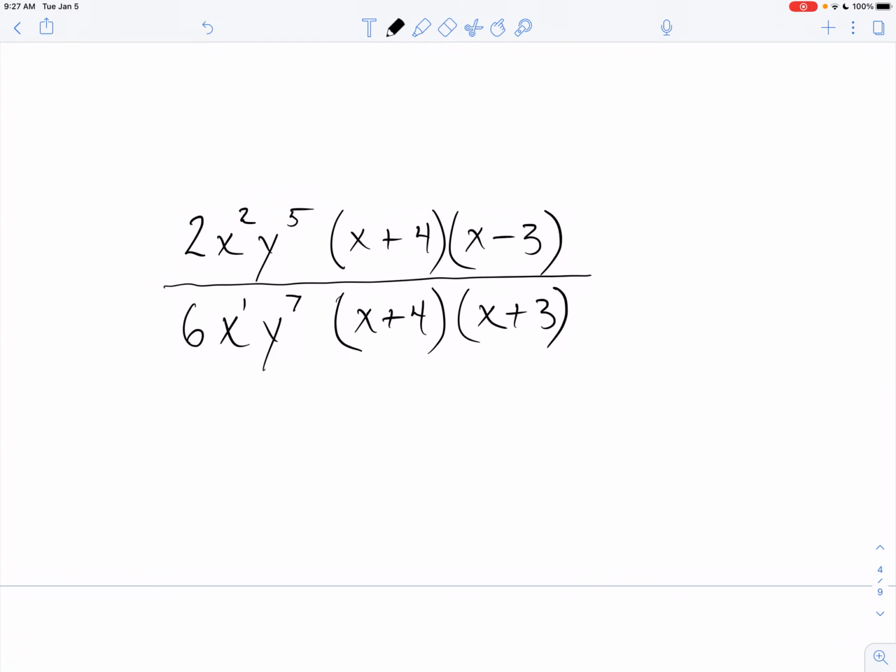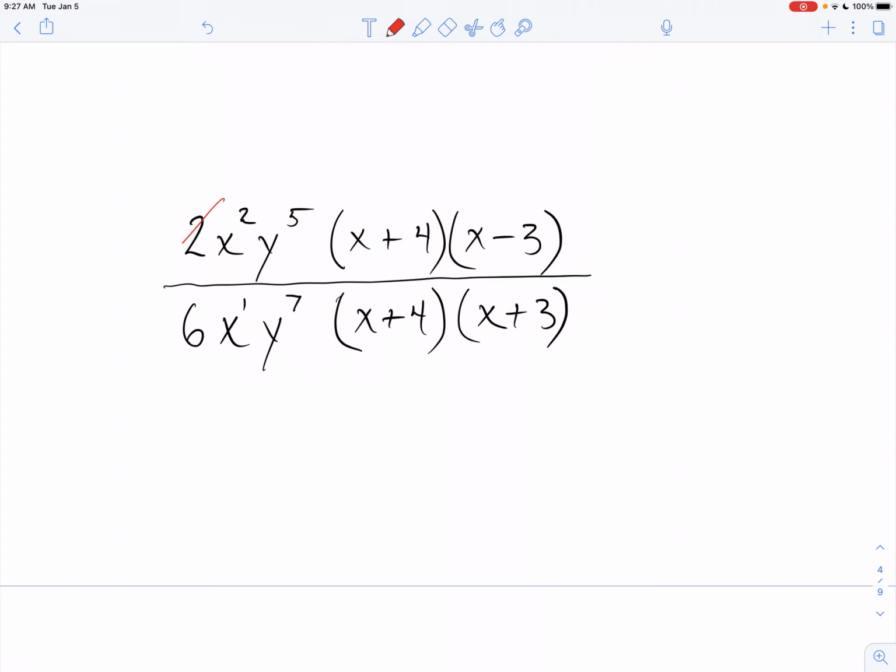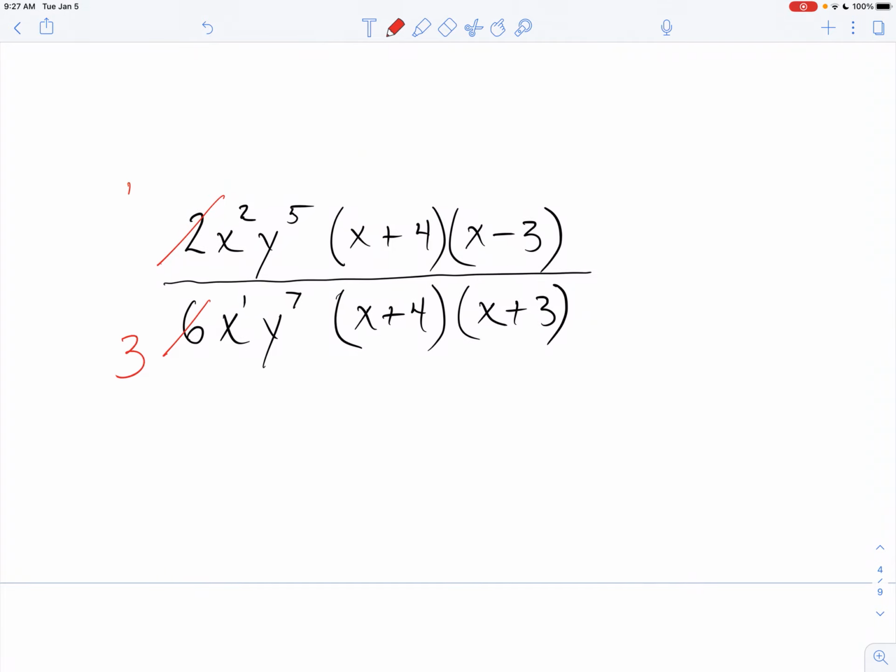Those guys are binomials. So, when I say number cancels number, 2 goes into 6 3 times with 1 left over on the top. So, I am simply going to knock stuff out and see what's left when I'm done.